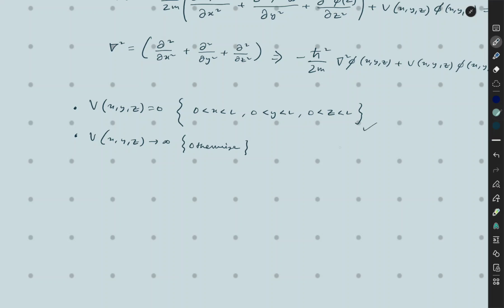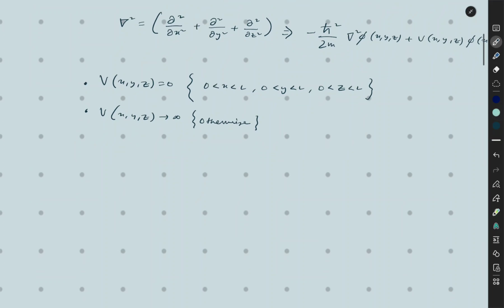So now these two statements mean that the potential inside the box is 0 and the potential outside the box is tending to infinity. Now what is the consequence of this? Just like the 1D case, the wave function phi must be 0 everywhere outside the box. Because the wave function must be continuous, phi must be 0 at all the boundaries, by which we get the boundary conditions.